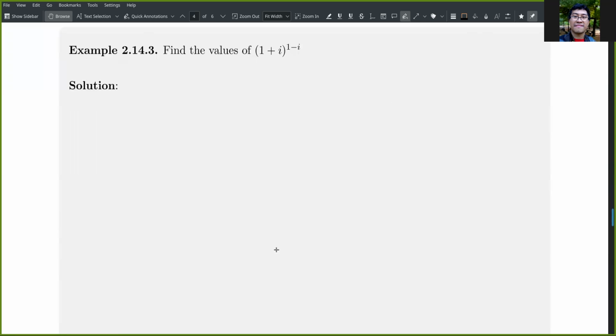Okay, another example. Find the values of 1 plus i to the power of 1 minus i.